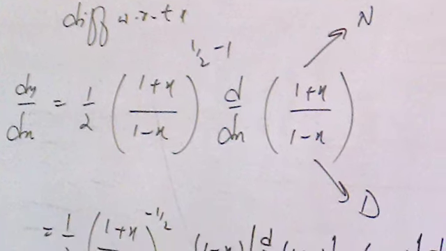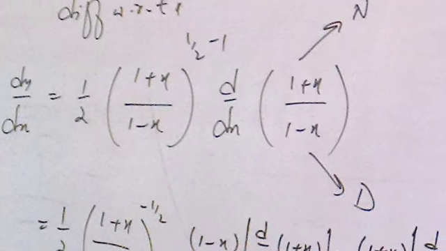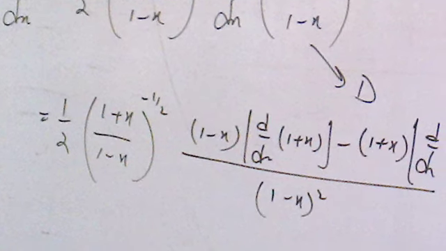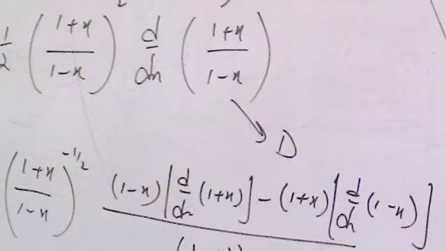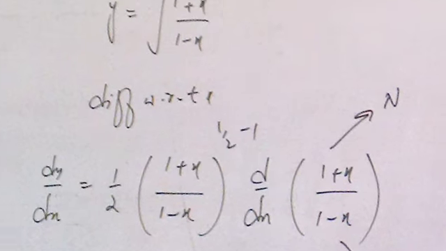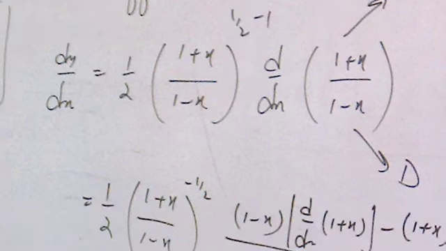In base we have a fraction, so we apply the quotient rule, numerator over denominator. We put these values in the quotient rule we learned on the last page. Now the power is 1 by 2, 1 by 2 minus 1, then derivative of base.